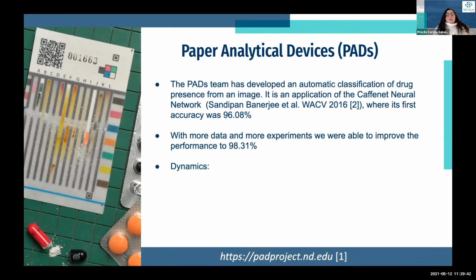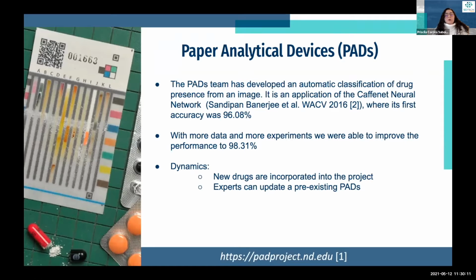But the project has a dynamic situation: new medicines, new pharmaceuticals are coming, and the chemical specialists are trying to figure out new good reagents for that and build new PADs. They can change the lines, they can change the reagents, they can find better ones. So we constantly have new devices.